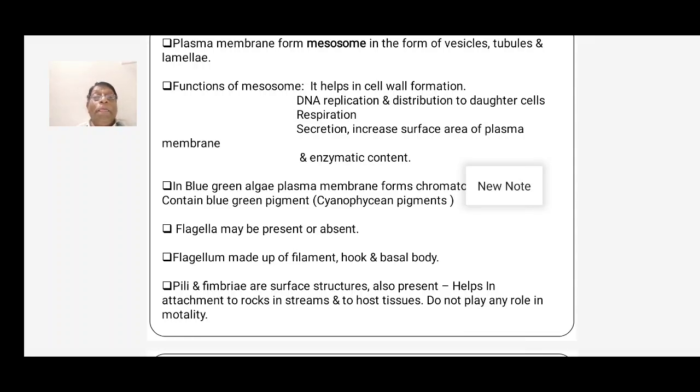Okay, that is, the function is cell wall formation, DNA replication and distribution to the daughter cells, respiration, secretion, then enzyme content.